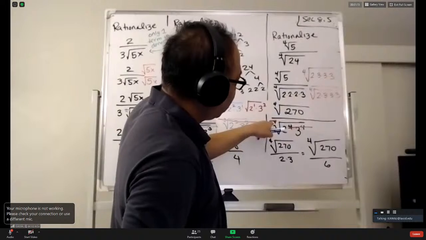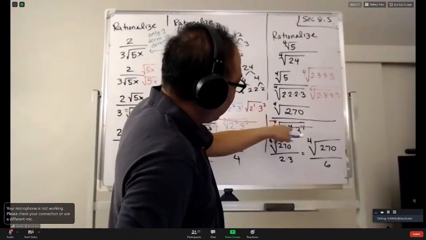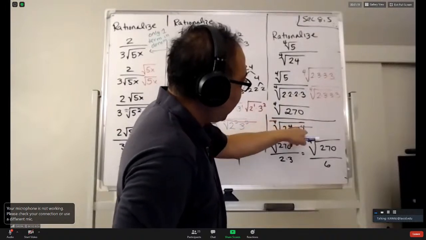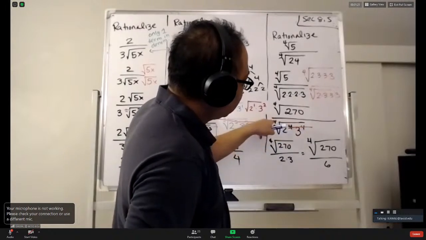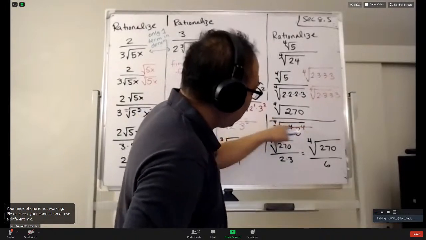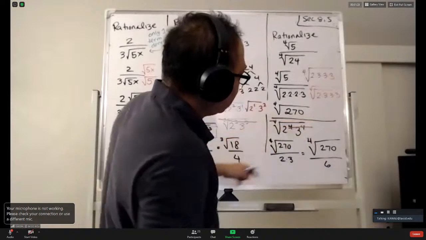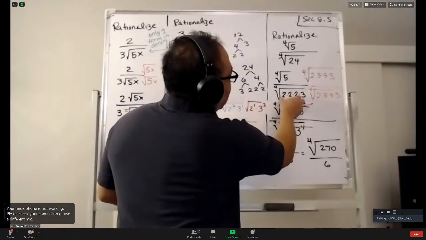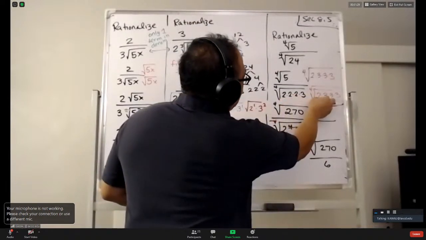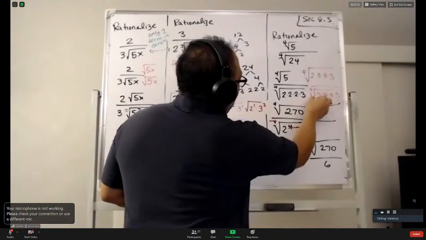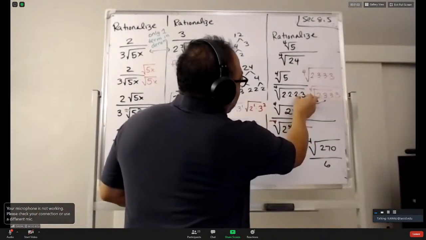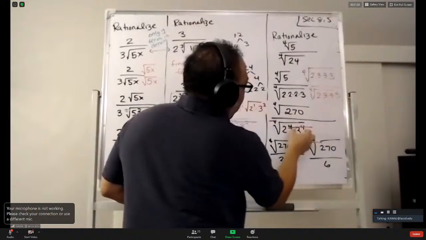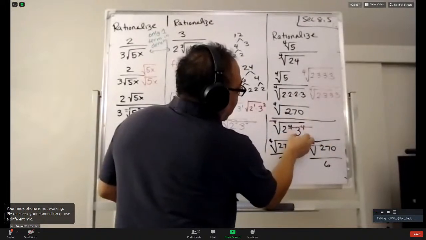I'm trying to get to this situation where the number of 2's that I have and the number of 3's that I have is the same as this exponent, so they all cancel each other out. So over here, I've got 3 2's. I'm going to add one more. Over here, I got 1 3. I'm going to add 3 more. That way, I have 4 of these and 4 of these.